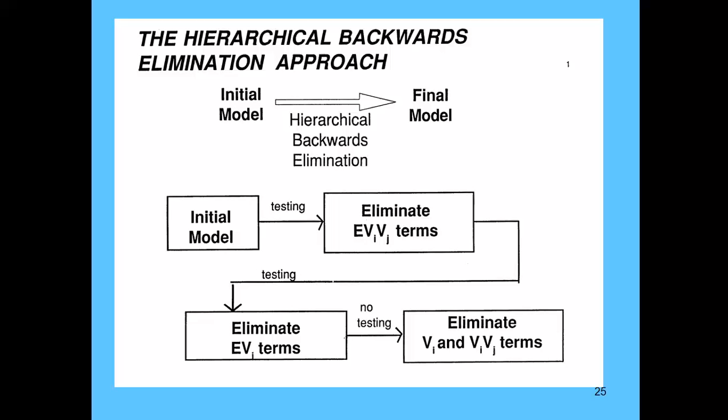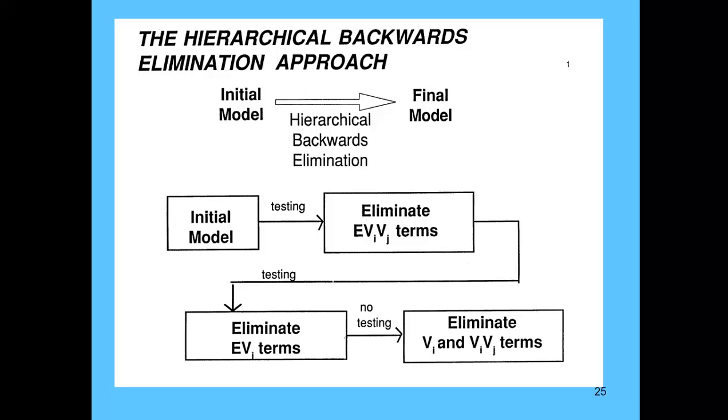Now, in any case, where we've gotten to at this point is we're starting with an initial model that we've decided, based on the variable specification stage, has E, V's, and EV's in the model. That's our starting point. Eventually we're going to wind up with a final model, the end of the whole story, from which we make decisions about the exposure-disease relationship, testing, confidence intervals and so on.